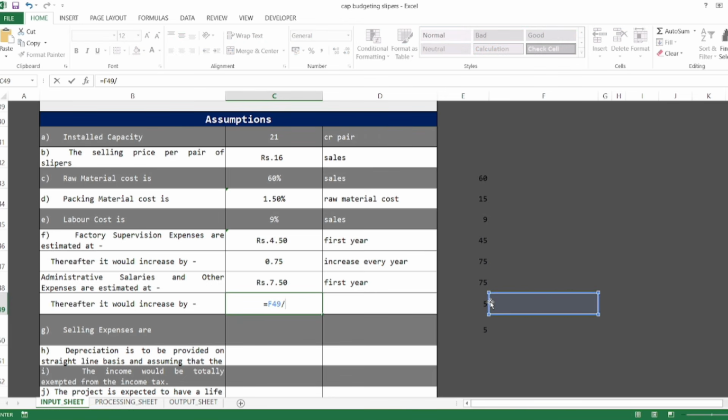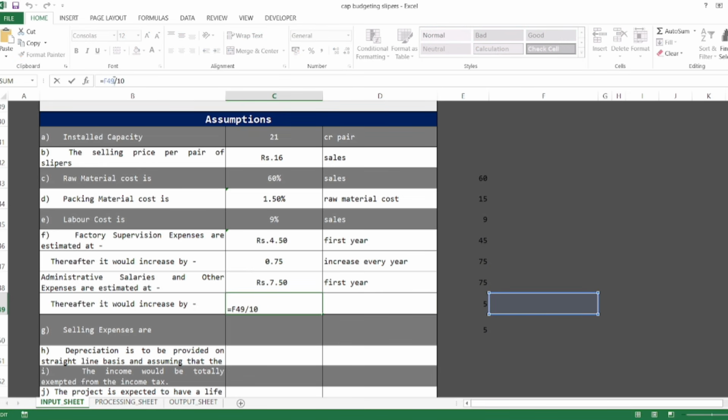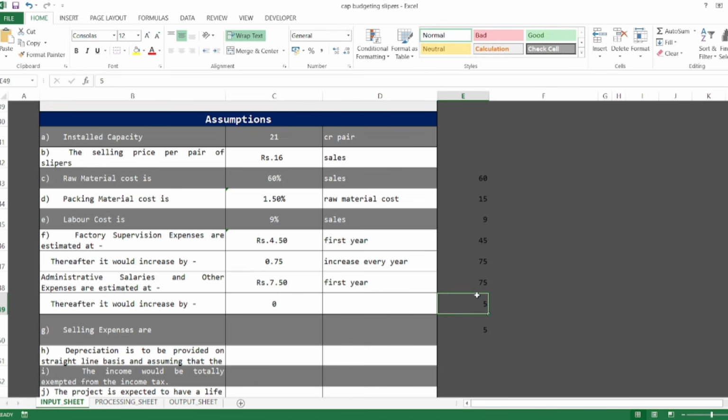Then for the selling expenses that has been given in the question, that is 0.005. So we'll have to convert this 5 into a percentage, so divided by 1000, and we'll get our selling expense.